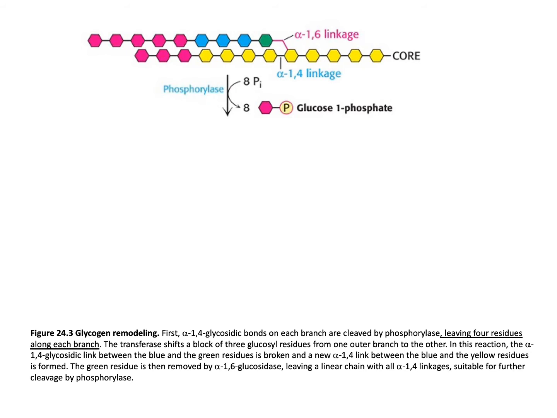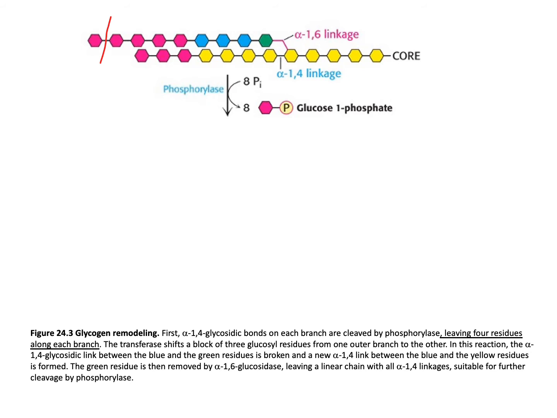Let's see how this glycogen molecule is broken down. This glycogen molecule has one branch linked by alpha-1,6 linkage. The rest is linked by alpha-1,4 linkage. Catalyzed by phosphorylase, it goes through the phosphorolysis reaction, adding orthophosphate to the non-reducing end and releasing a glucose 1-phosphate.